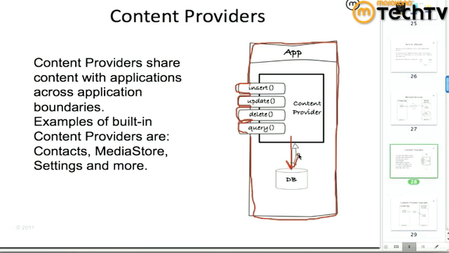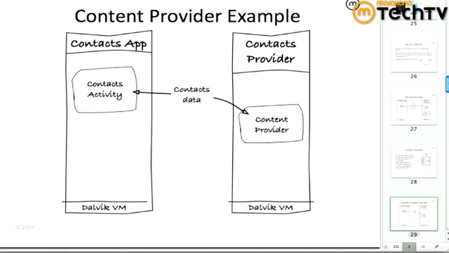The system itself uses content providers quite a bit. Examples of that would be contacts, media store, settings, and so on. So let me just show you an example first, and then it may make a little more sense why we have it. Here I have 2 applications, and this is actually a real scenario.